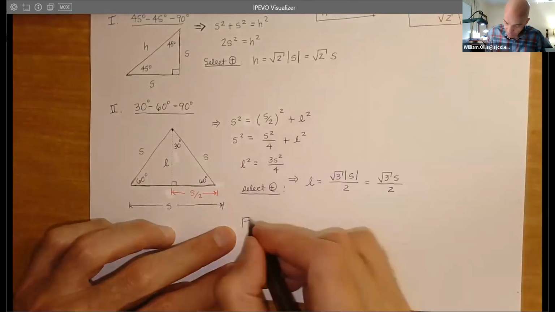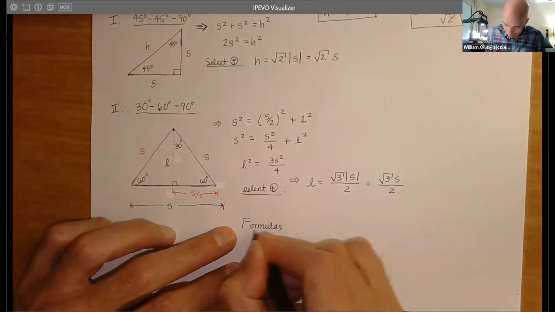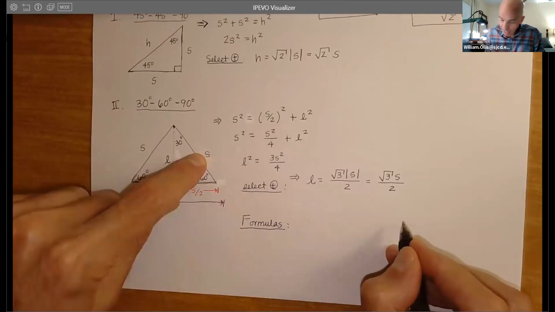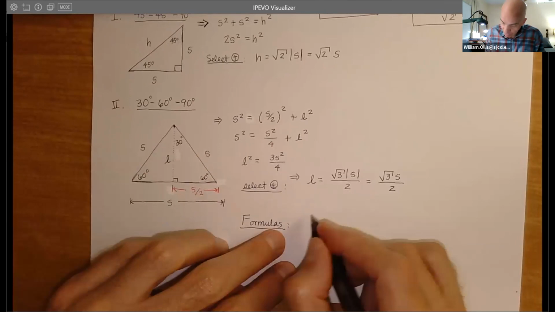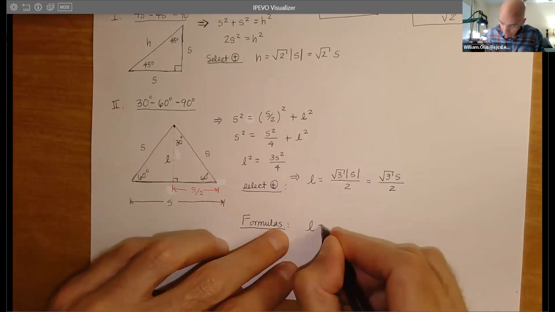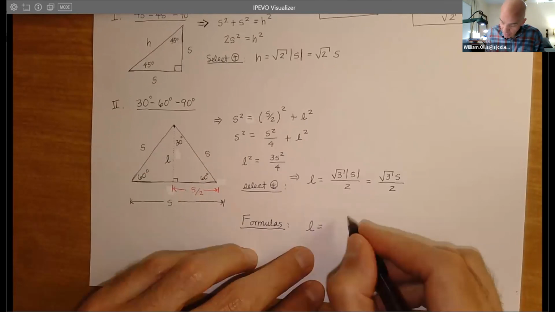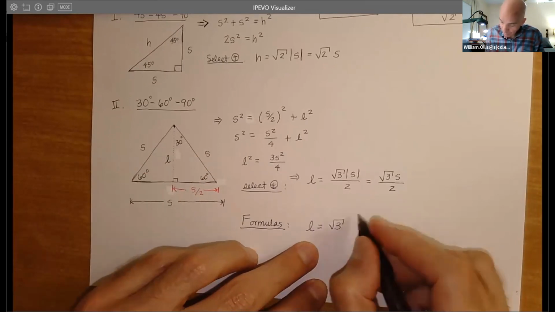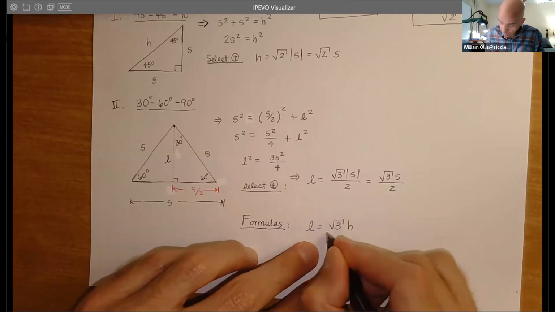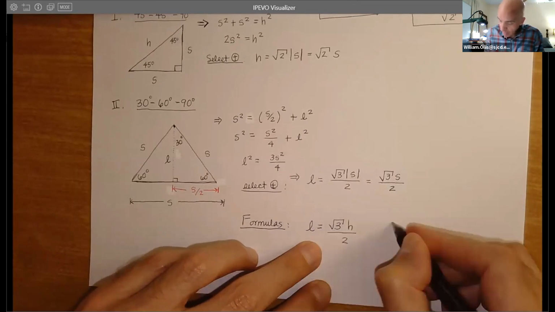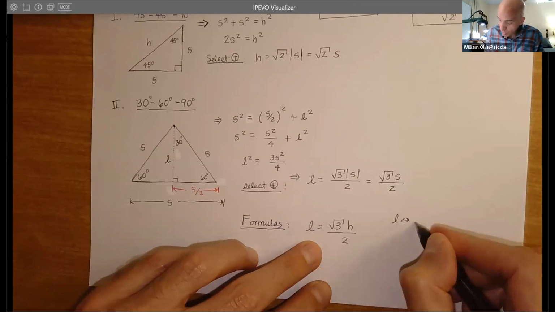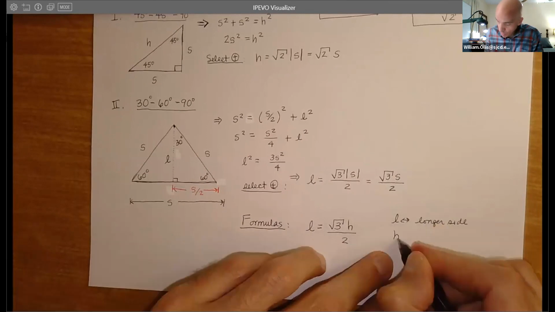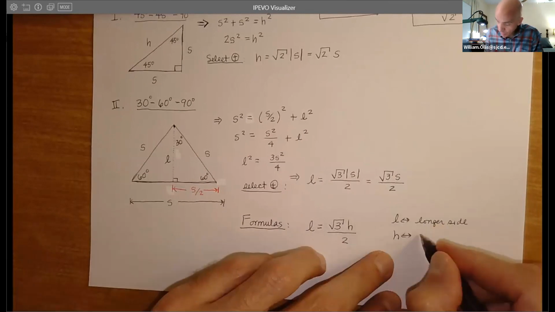So formulas. This is indeed the hypotenuse S. So we're going to say that L, in this case, is the square root of 3 times H over 2. Again, we'll say L corresponds to longer side, and H corresponds to hypotenuse.